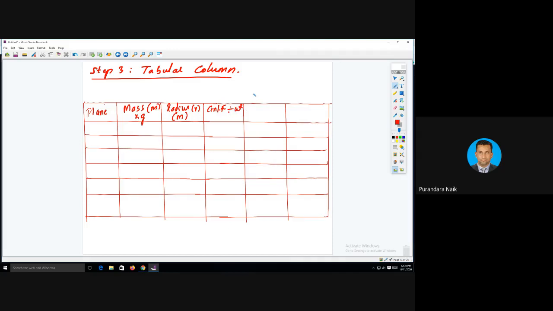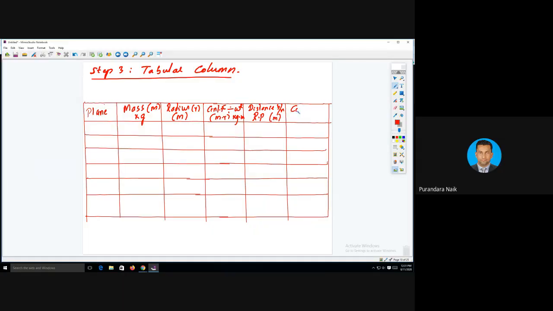Omega square is not given in the problem, so you need to divide this by omega square. So the unit will be mass into r, kg meter. The next one is the distance between, this is very, very important, distance between reference plane RP. You need to select the reference plane, it will be in meter.